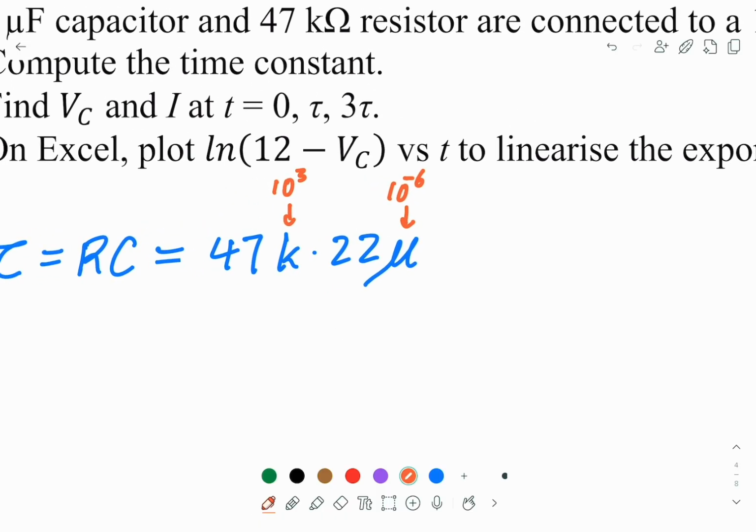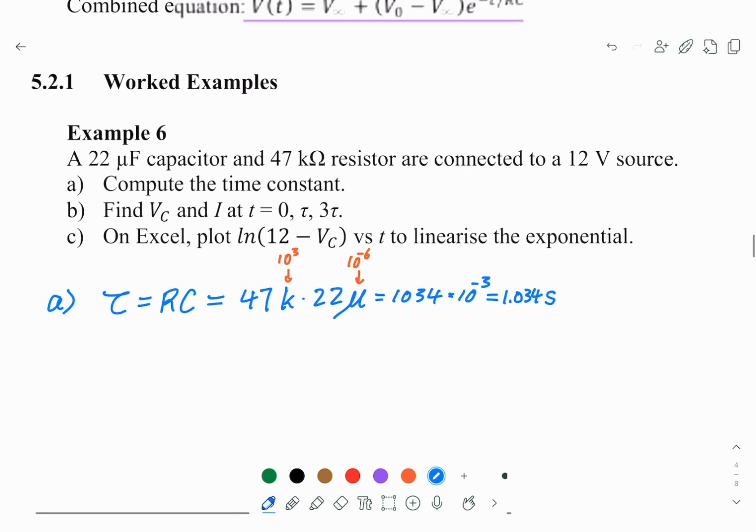So this equals 1034 times 10 to the minus 3, which we can shift to 1.034 seconds, because this is a time constant. It means it is a time. Part B: find the VC and I at t equals 0, 1 time constant, and 3 time constants.